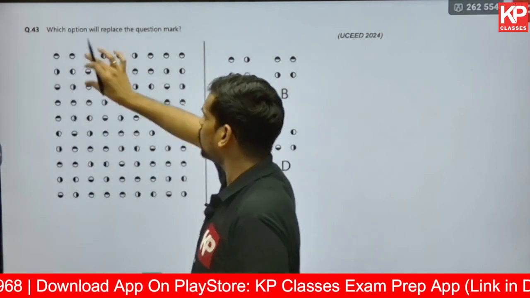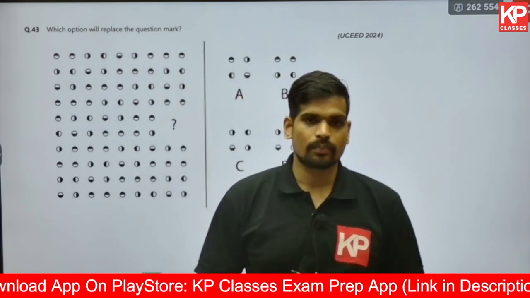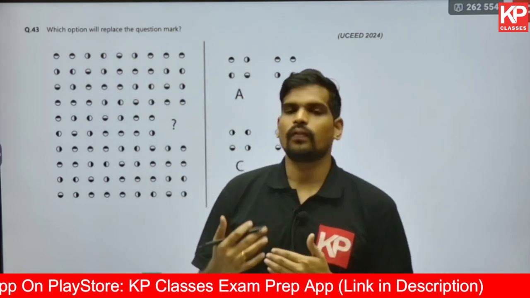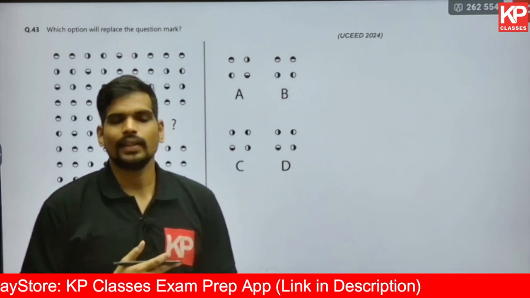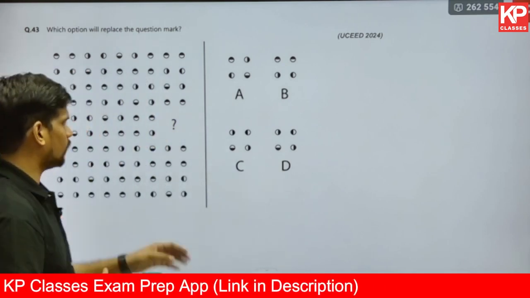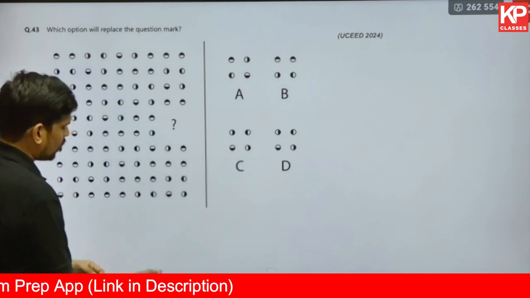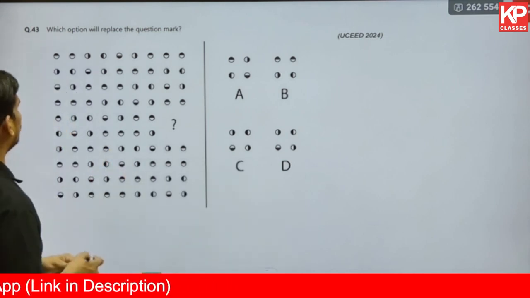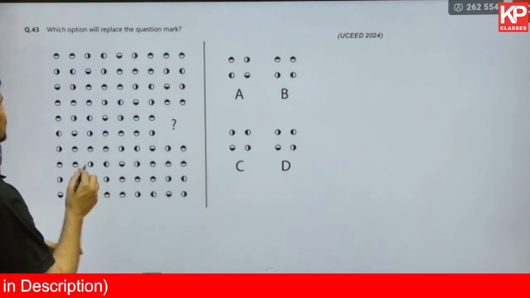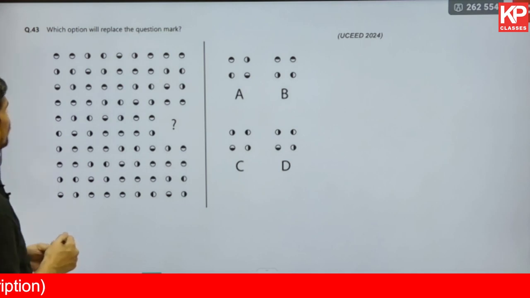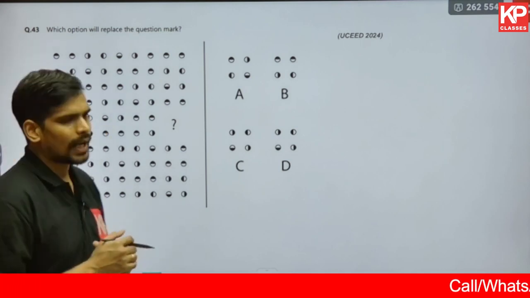So the orientation of the colored or shaded portion is changing. So we should look for the common feature over here, what is common, and apply that logic to the missing part. It will take you some time to see what is repetitive, what is common here, but you can easily identify some part once you spend some time on this composition.